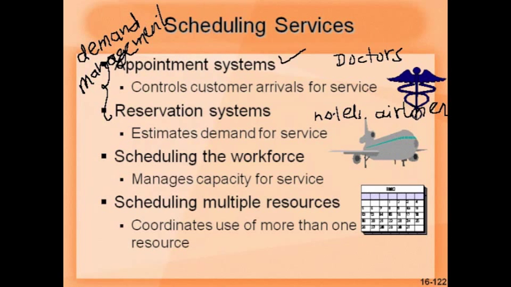Scheduling the workforce, that's an example of capacity management. So it manages capacity for service. When you increase or decrease workforce depending on the demand, then basically you are altering the capacity. Scheduling multiple resources coordinates use of more than one resource. So those are some of the scheduling ways in services.